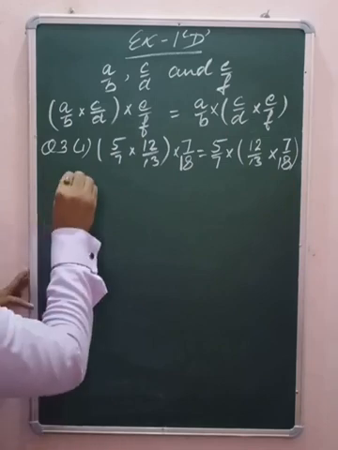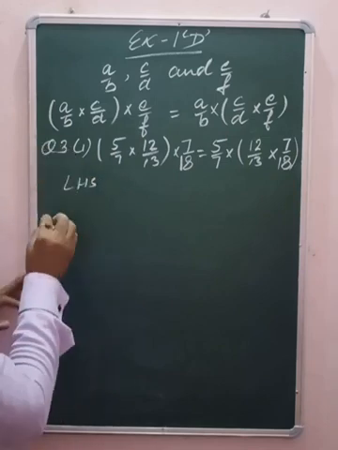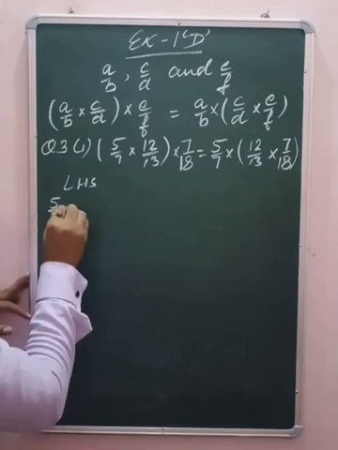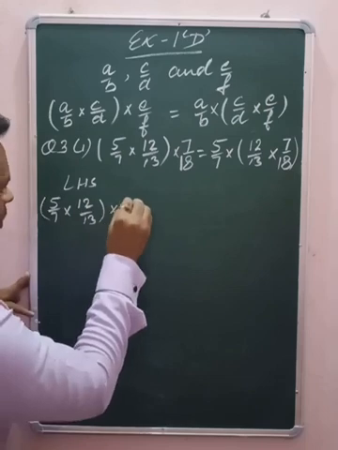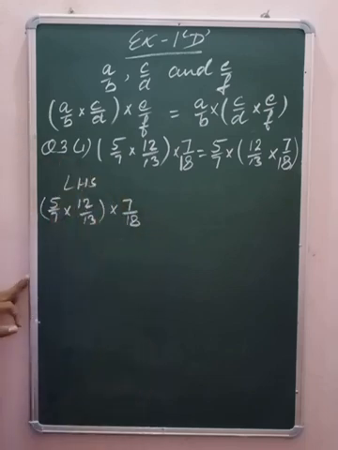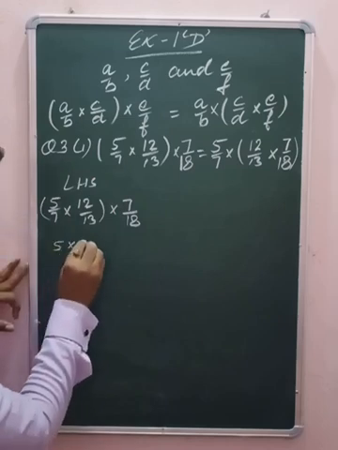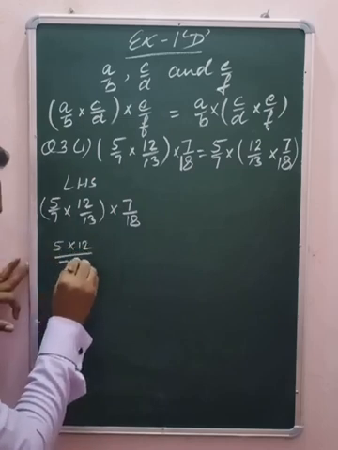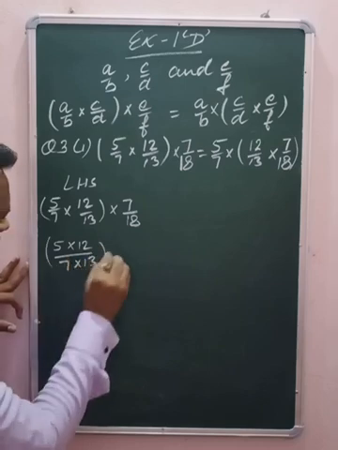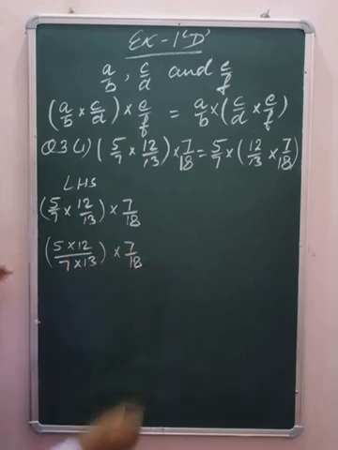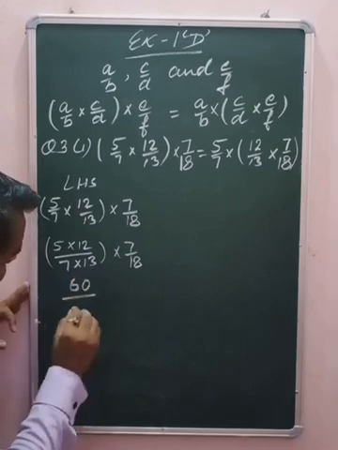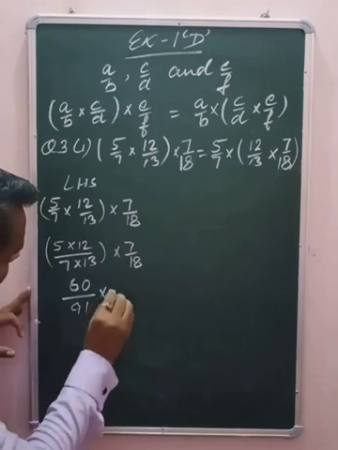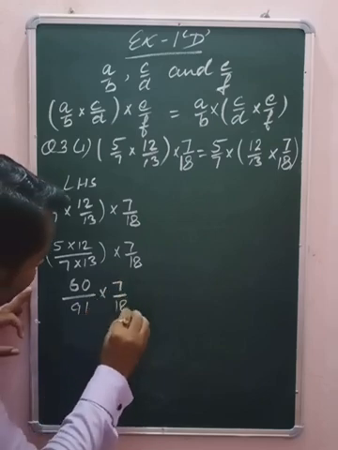We will solve LHS. So here we will get 5 by 7 into 12 by 13 into 7 by 18. So here 5 into 12 we can write like this, 5 into 12 by 7 into 13 into 7 by 18. 12 5s are 60 and 7 into 13 is 91 into 7 by 18.